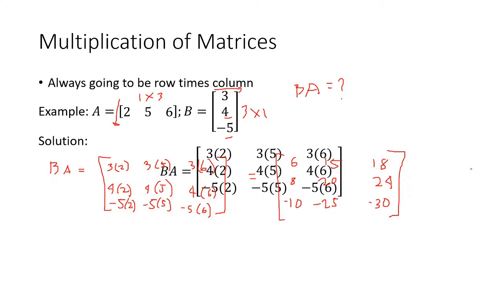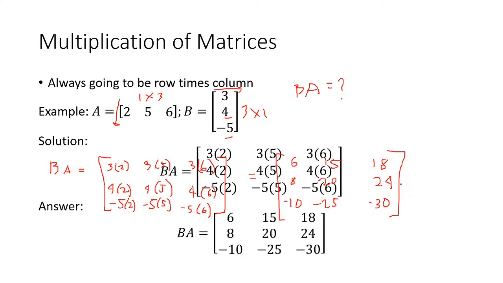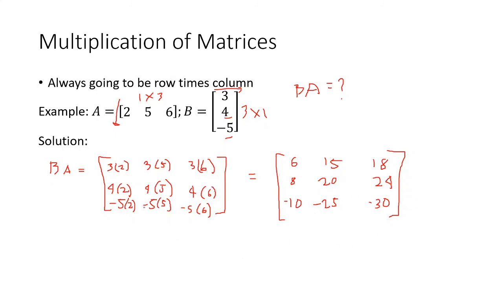So this is the answer. Okay, tama. So BA is this matrix. As you can see, 3 by 3 siya na matrix. So tama din ang answer.